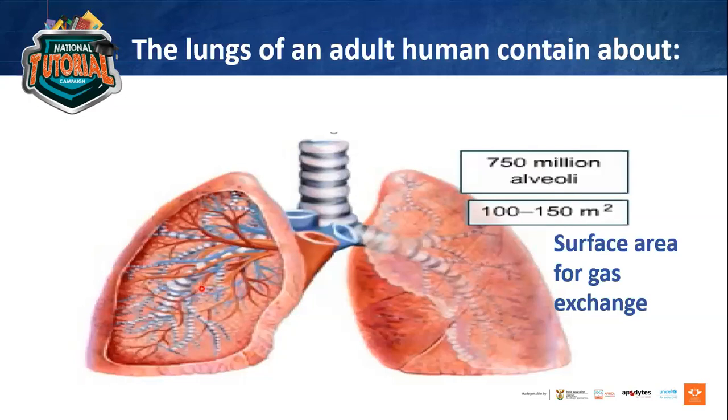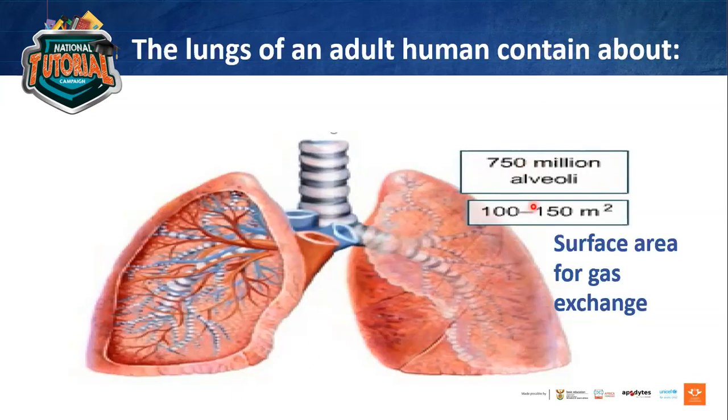Now we are going deeper into the structure of the lung. The adult human lung contains about 750 million alveoli. So that's how small they are. Remember, when you're just looking at the lung, it looks very big to you. But as you get deeper and deeper into the bronchioles, it gets smaller and smaller. And eventually, when you get to the alveoli, they are so small that over 750 million fit in an adult human being.